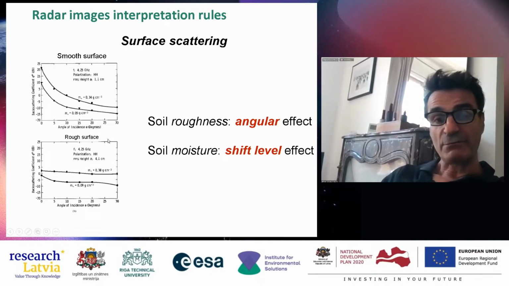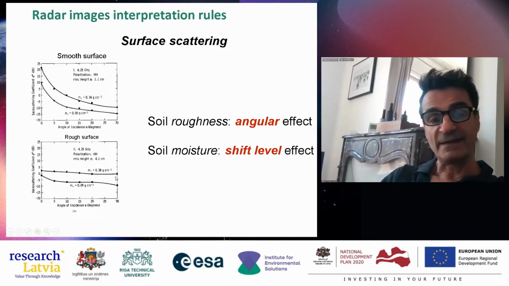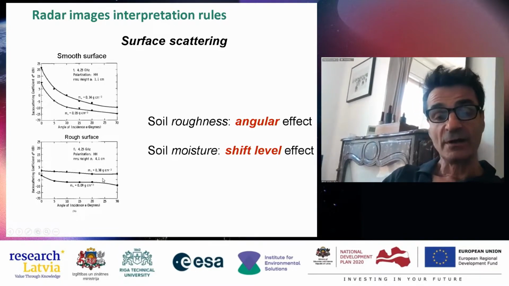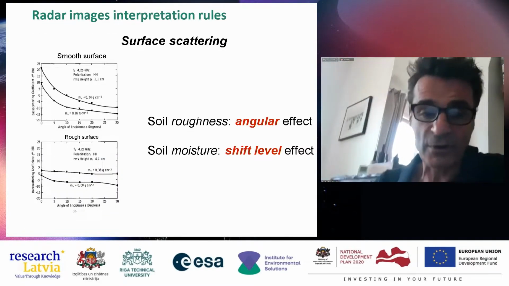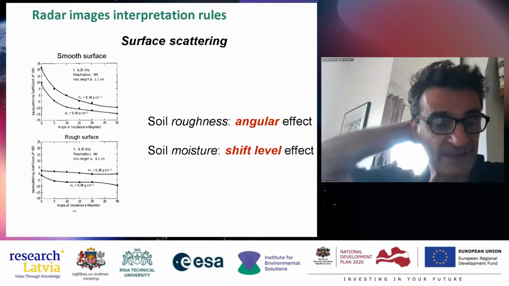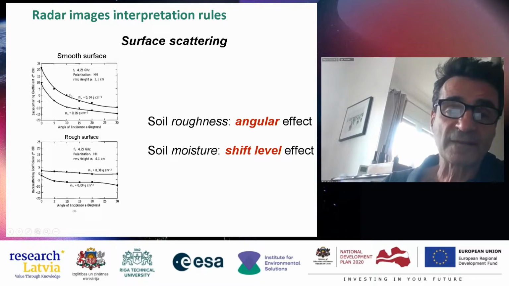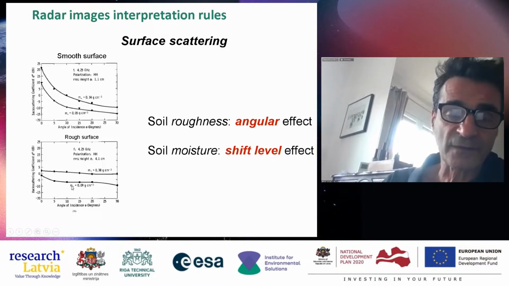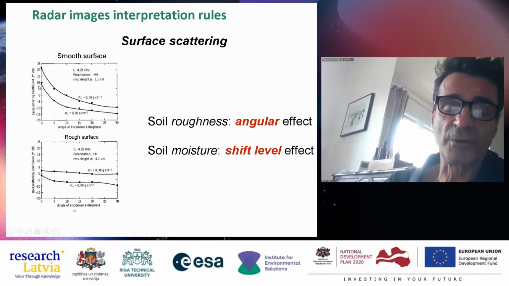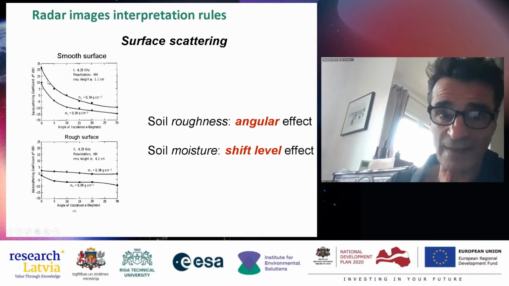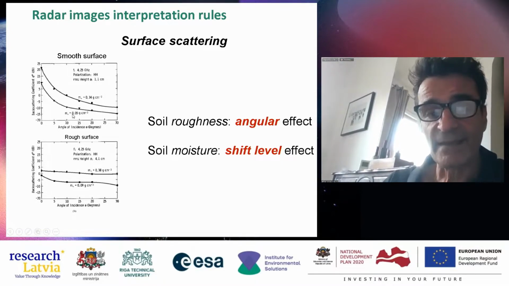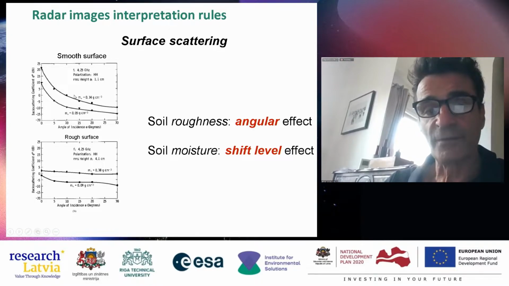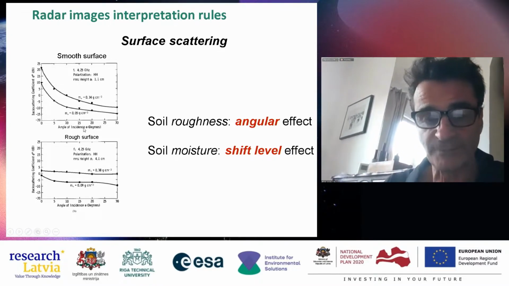If the surface is very rough, you don't have any preferred backscattering direction. In any direction, you will have the same power quantity which will be backscattered. What are these two parallel curves? This just corresponds to a dry surface here and a wet surface there. So the angular shape depends on the roughness, and the absolute level depends on the moisture of the soil.